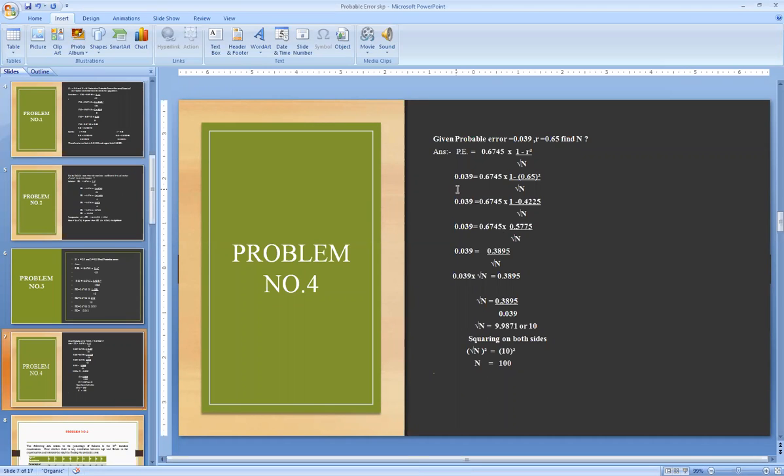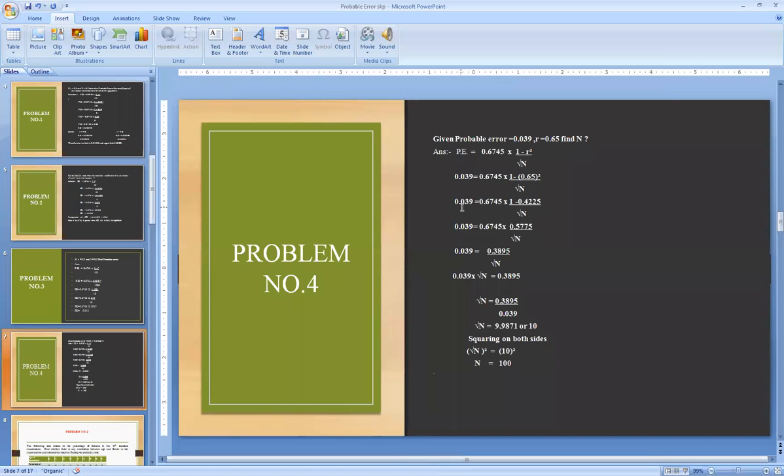Probable error value on the left hand side, that is 0.039 equals 0.6745 into 1 minus R value, which is also given as 0.65, squared, divided by root n. The n value is not there, so root n stays as it is.